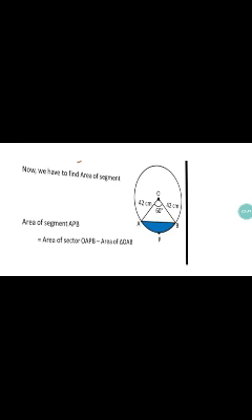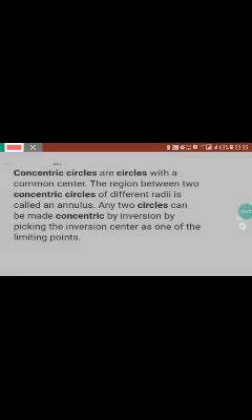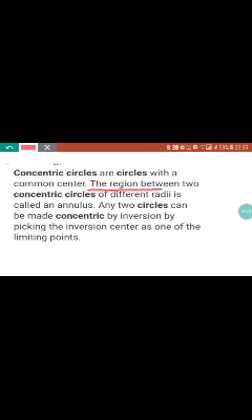You have to remember all this. And then come concentric circles. What are those circles? You are very well aware of that. The region between two concentric circles of different radii is called an annulus, or also a ring. Concentric circles have a common center.